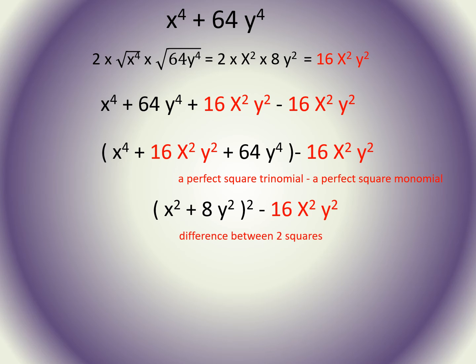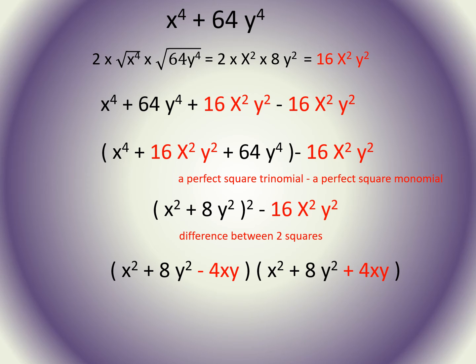This is called difference between two squares. Then let's factorize it as x power 2 plus 8y power 2 minus 4xy, and the second bracket x power 2 plus 8y power 2 plus 4xy.